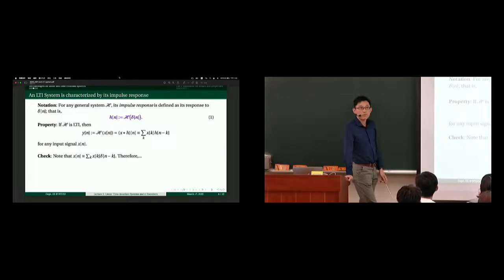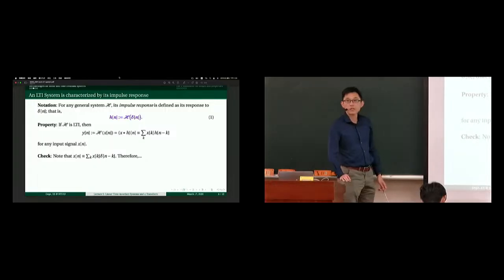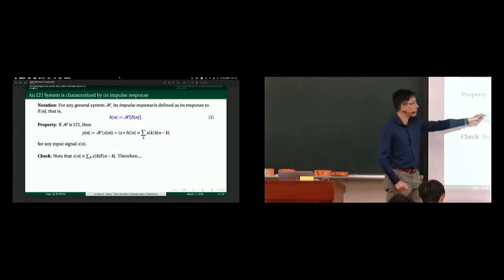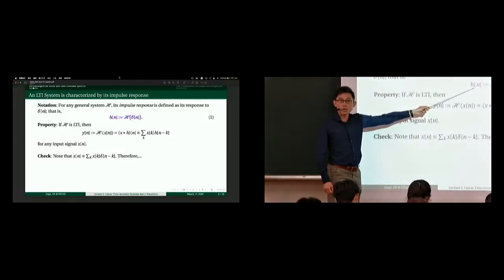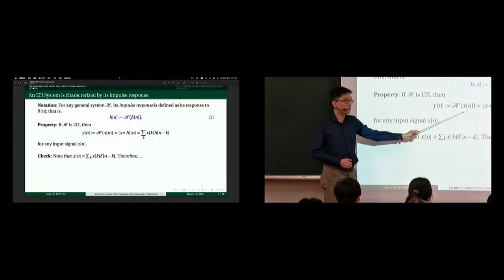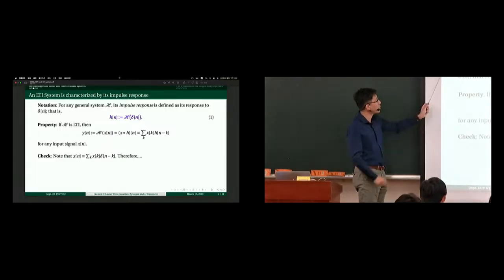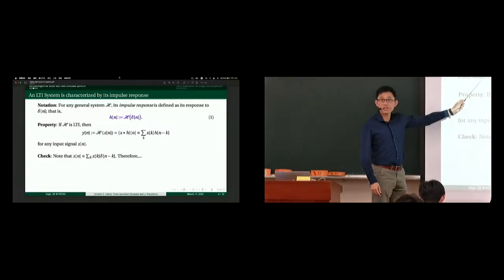That means that all you need to know about an LTI system is its impulse response. Why? Because once we know this, we know how to calculate the output for any given input. We can even emphasize that an LTI system is completely characterized by its impulse response.